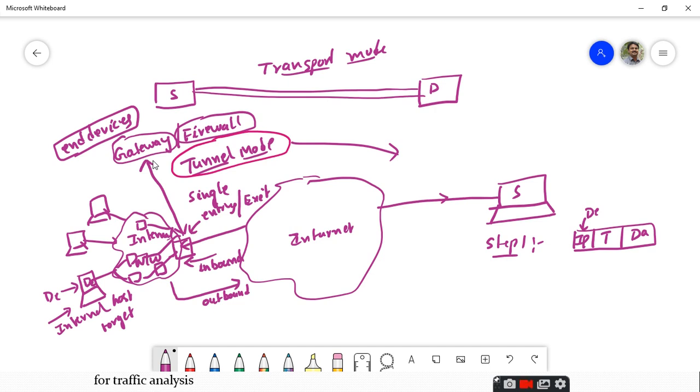And since this is the tunnel mode, what happens? The entire IP packet, the TCP header and the data, is preceded by the ESP header and followed by the ESP trailer.